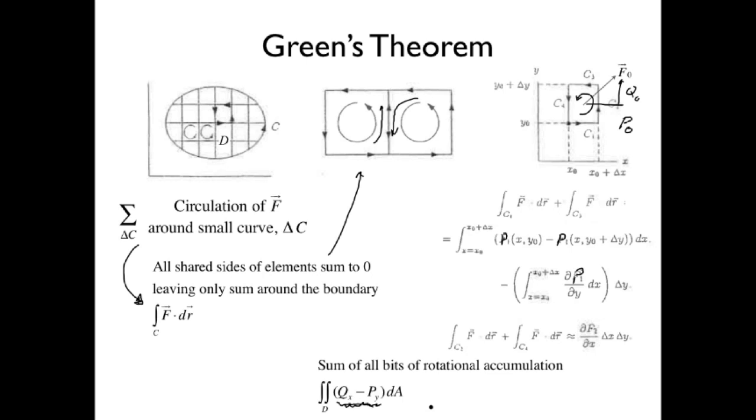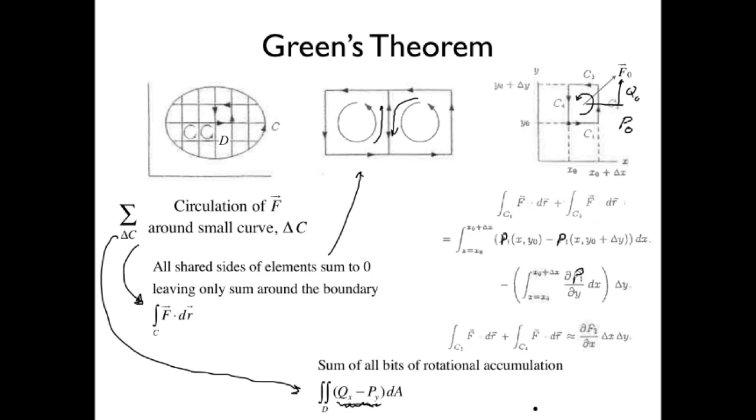That rate of change is a turning rate of change. The P's this way and the Q's this way. From that perspective, summing up all the circulation gives us that one. And that's how those are equal, because they're both summing up the circulation of F around all the little curves.